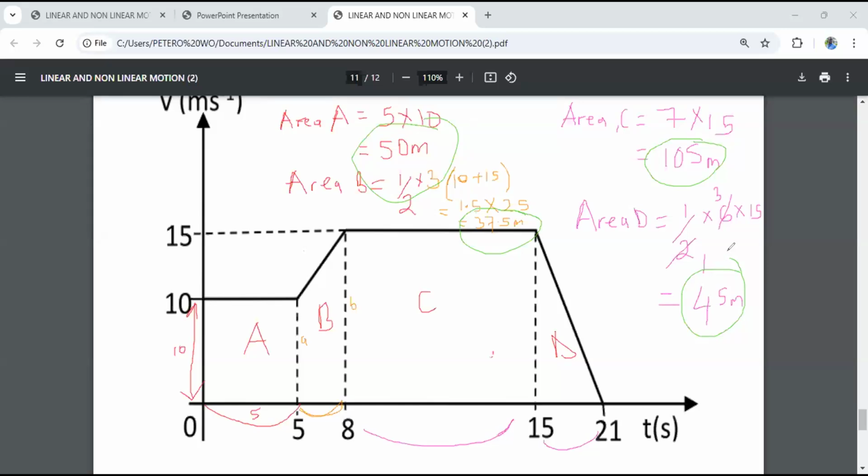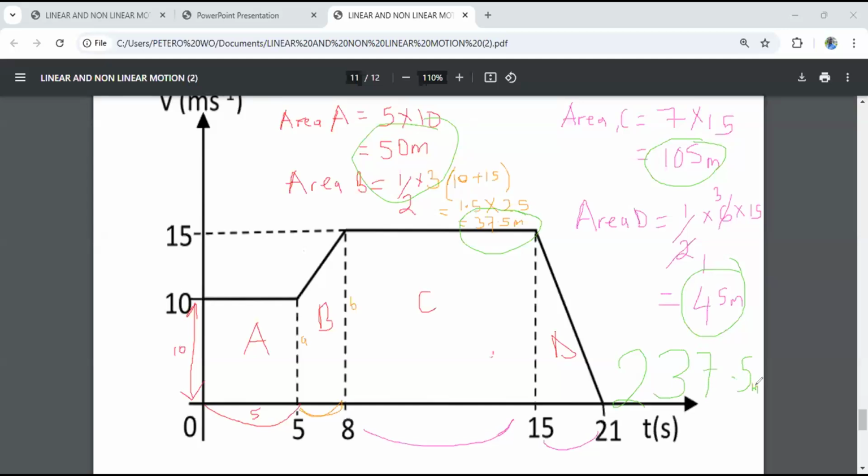So the answer I'm getting is 237.5 meters as our total distance.